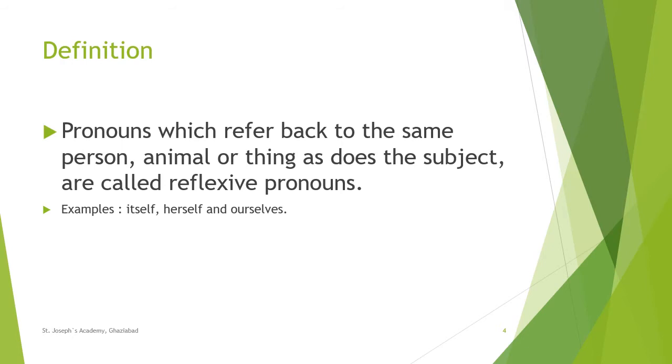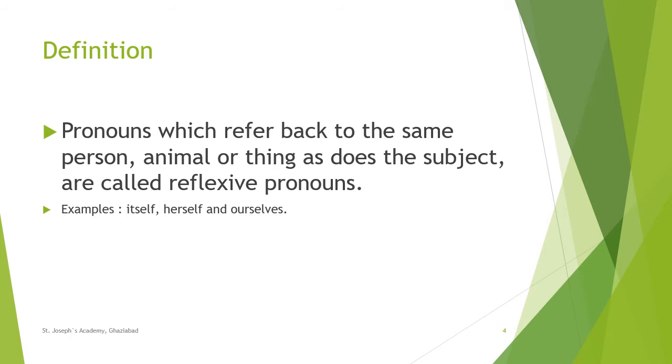So now we come to the definition of the reflexive pronoun. Pronouns which refer back to the same person, animal, or thing as does the subject are called reflexive pronouns. Examples: itself, herself, and ourselves.